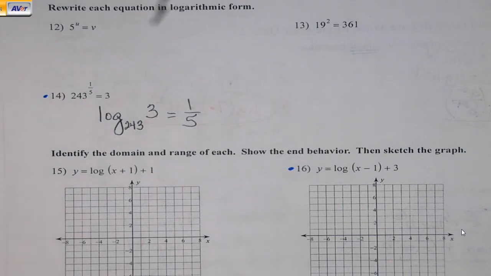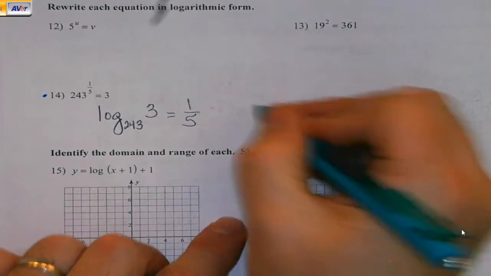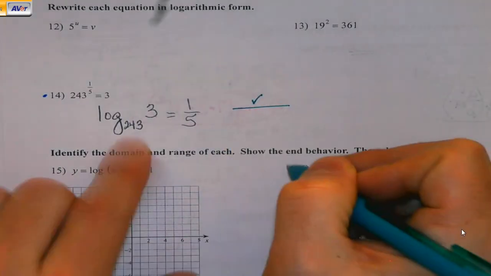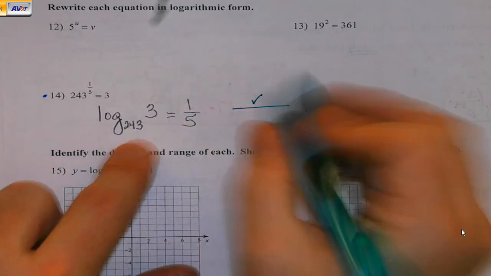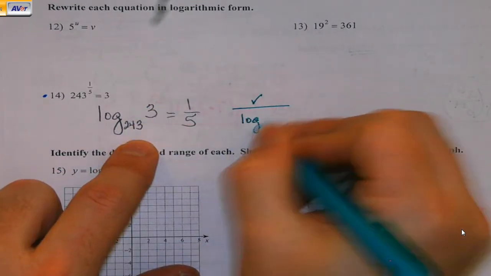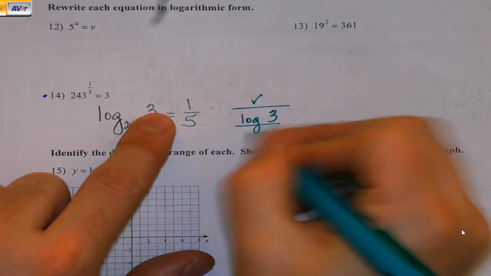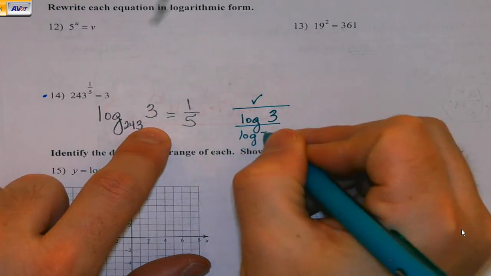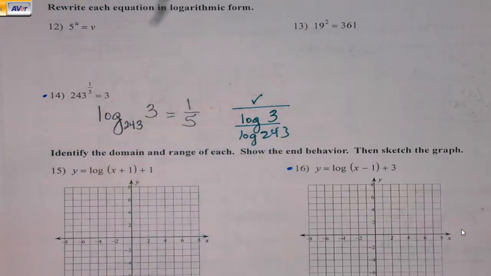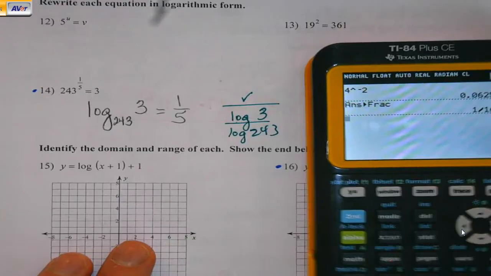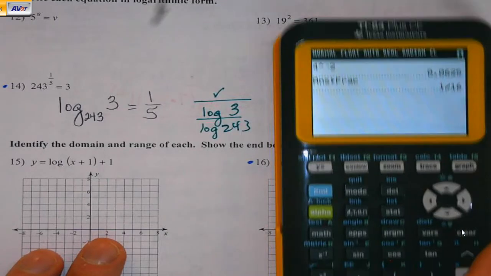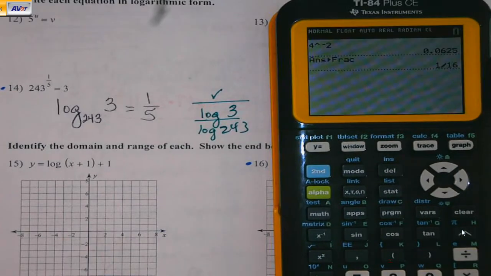Is there a way to check this? Mm-hmm. Because remember, if I want to check, I can do change of base here, which again is the log of my big divided by the log of my little. And let's see if I do that in here, if I get the same thing back.